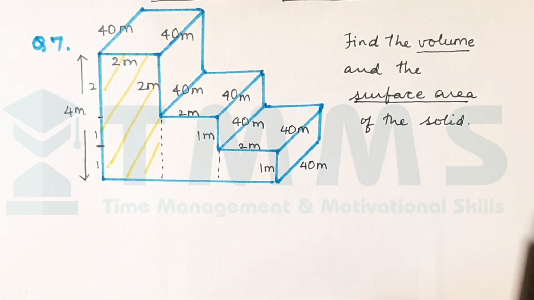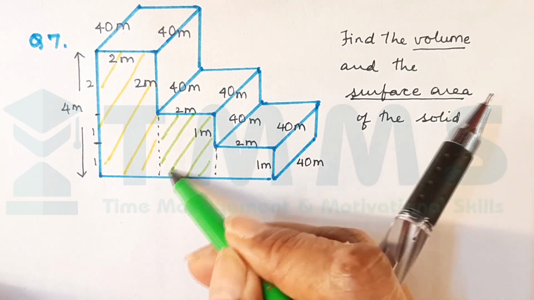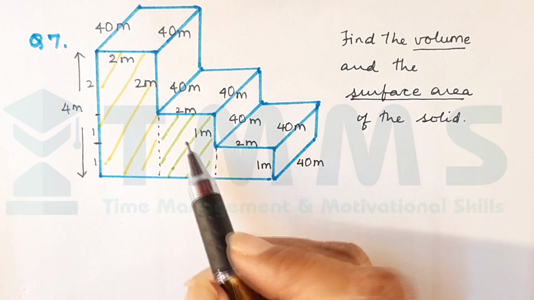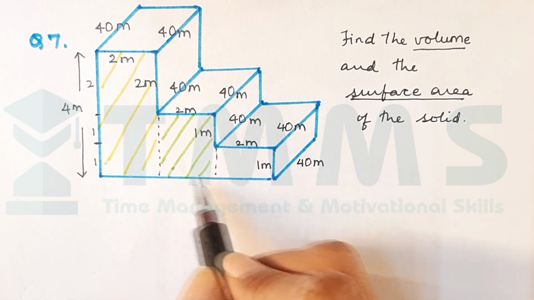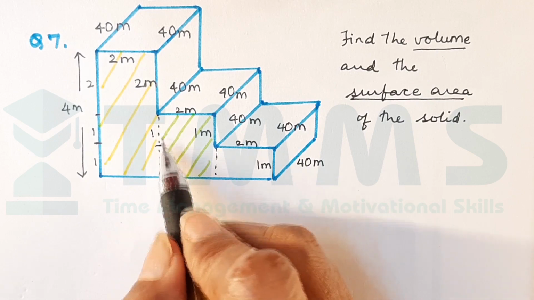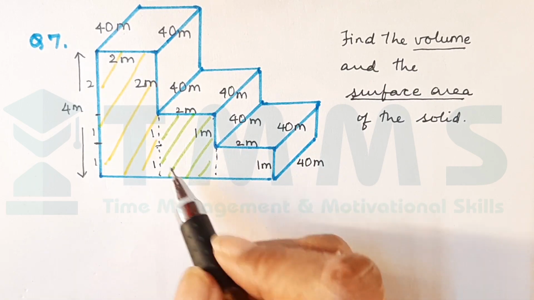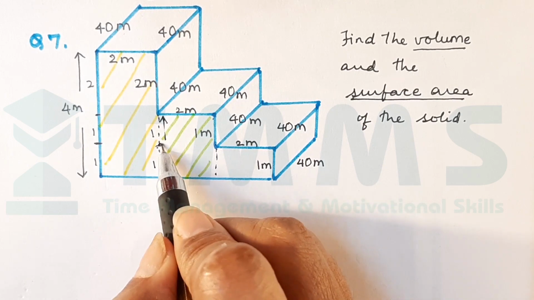Now let us come to the second area. The second area is this one. This one will be now again another rectangle. This is 1 meter from here to here and from here to here again 1 meter. So from here to here it is 2 meter.